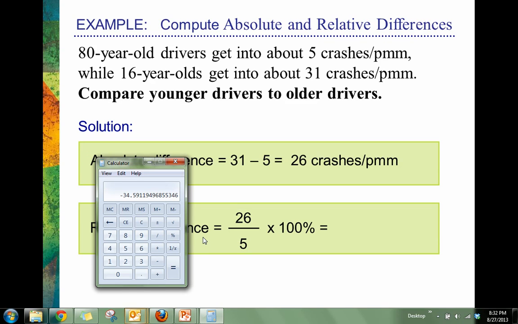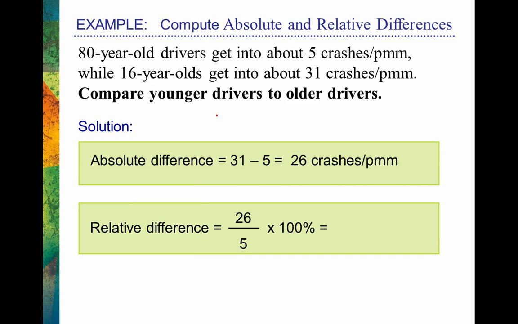So let's go back to our calculator. Here we've got 26. We're going to divide it by 5. That gives us 5.2. And then we will multiply by 100 to convert that to a percentage. So 520%. That's a pretty big difference.